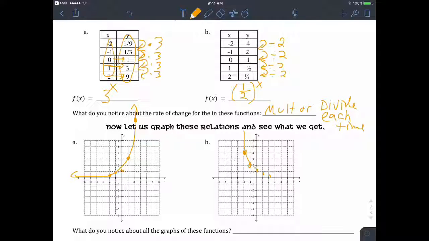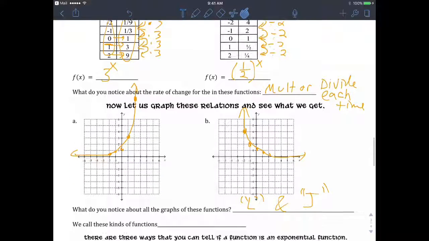So this is what this graph is going to look like. Okay? So what I usually say when I see these functions, I call them the L's and J's, because that's what they always look like. They either look like an L or they'll look like a J.